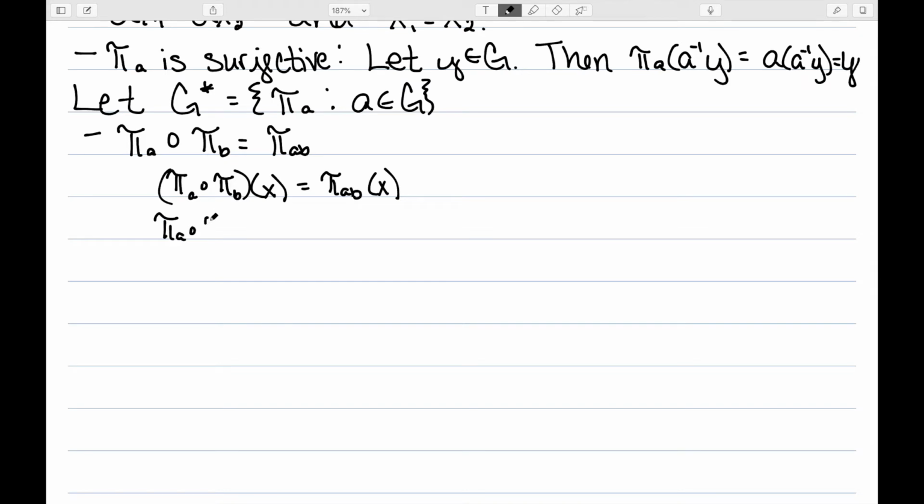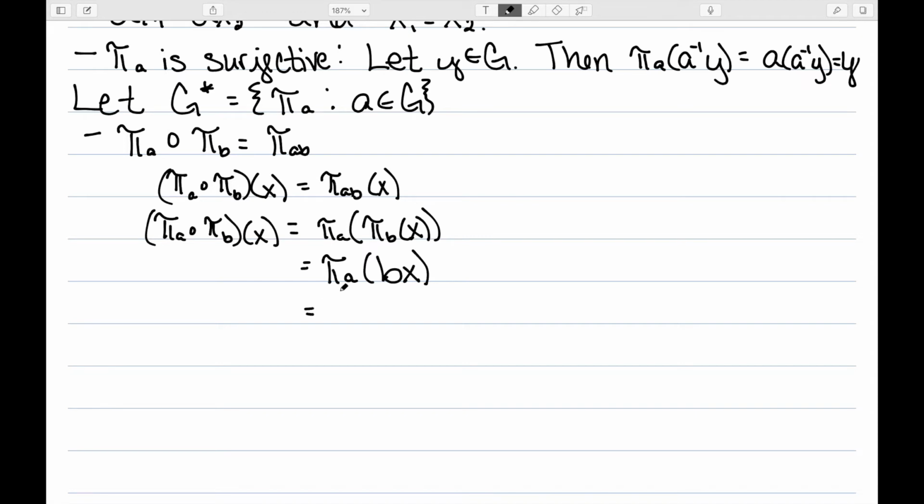Well, pi of A composed with pi of B of x is the same thing as saying pi of A of pi of B of x. Well, pi of B of x means multiply on the left by B. Pi of A means multiply on the left by A.